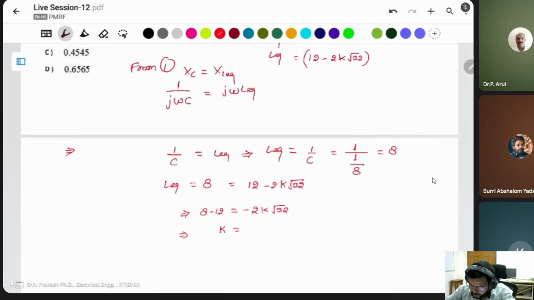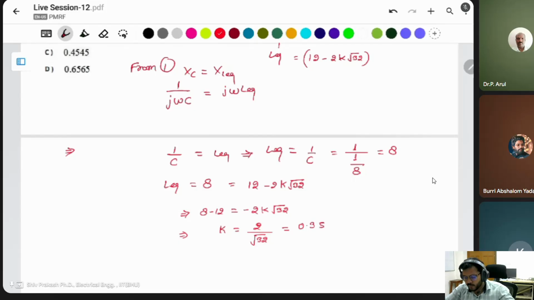K is equal to minus 4 divided by 2 root of 32. We have to calculate this one. This will be 0.35.